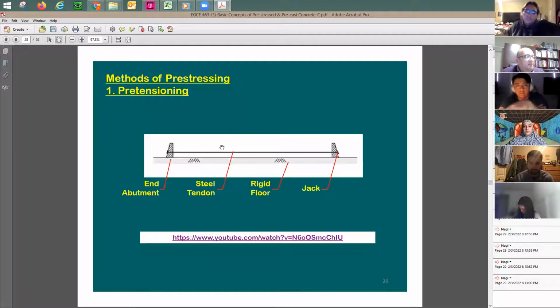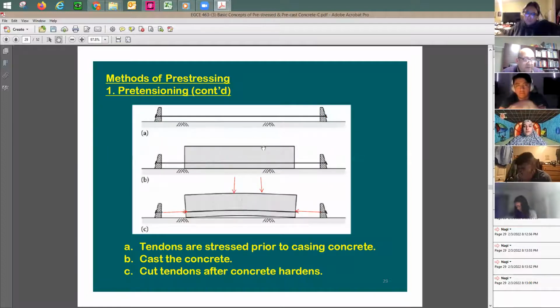So in the pre-tension, as you see here, there's going to be bond between the concrete and the strand, and this bond is going to happen from day one. Once you put the concrete, when the concrete starts to harden, you're going to have this bond between the strand and the concrete. Now, once you cut it from both sides, the force is getting transferred. So we say this is the time of transfer of the force.